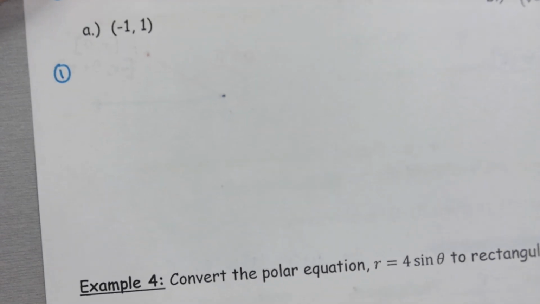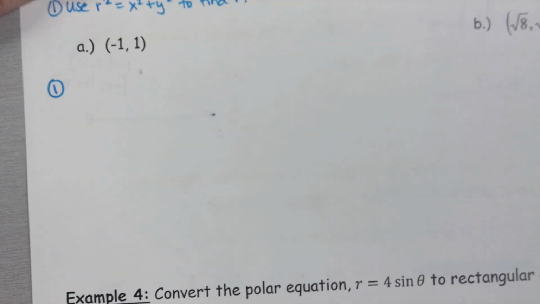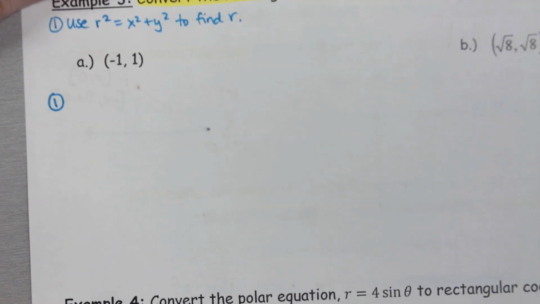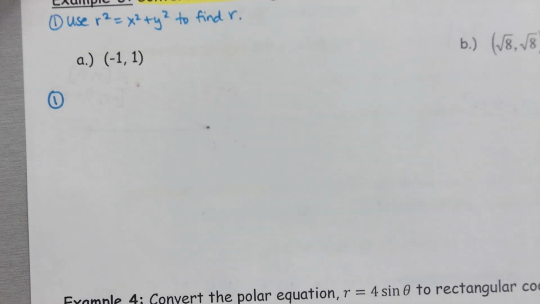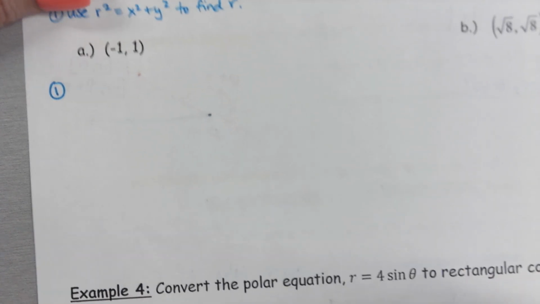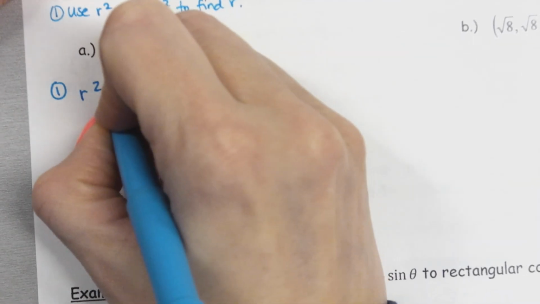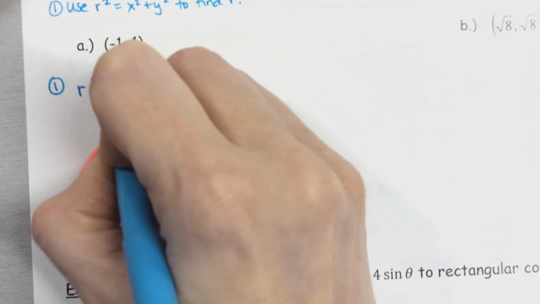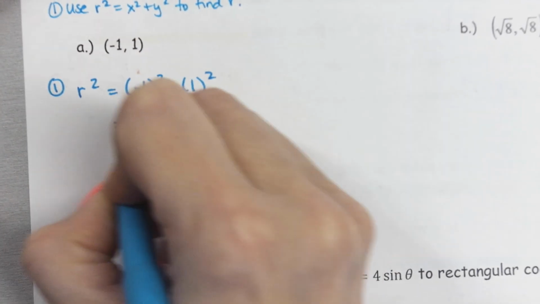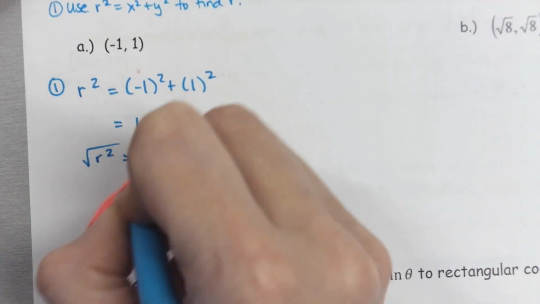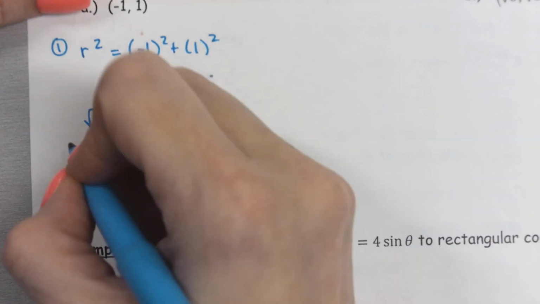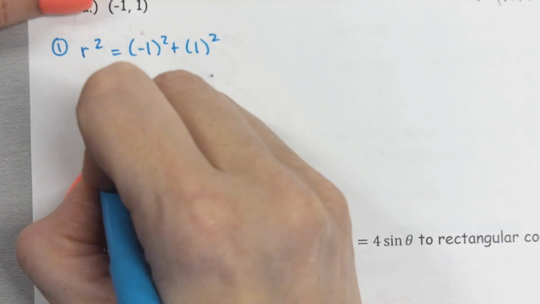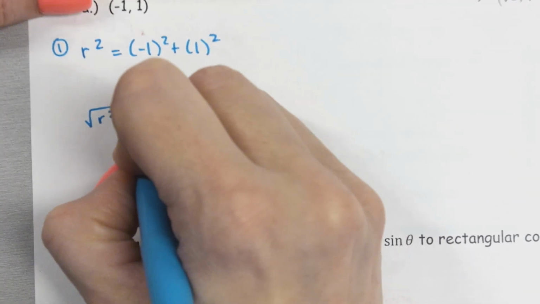All right. So, Toby, tell me how you found r for this one. Square negative 1. Great. Square root of 2. Good. And then, if it tells you the r is positive, you don't have to worry about your plus or minus.